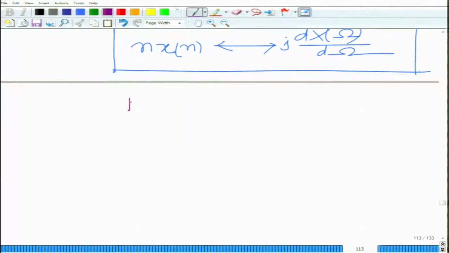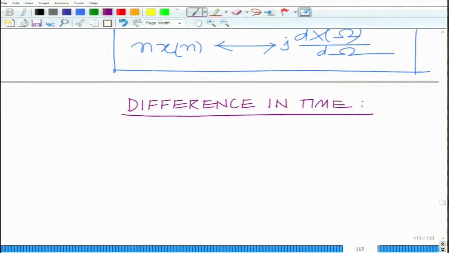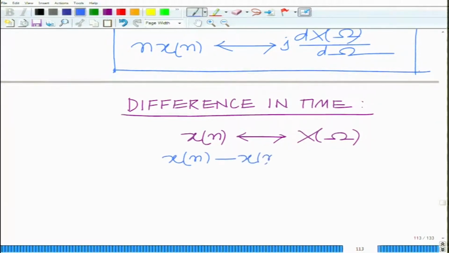So, the next property is the differencing property. Since we cannot differentiate in time, one can do differencing in time, which means if x of n has the DTFT X of omega, what can we say about the difference signal x n minus x n minus 1?